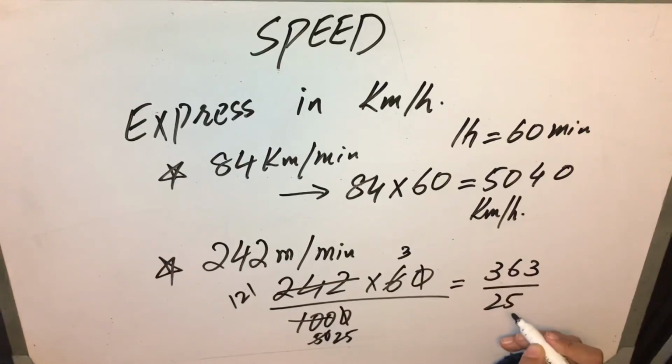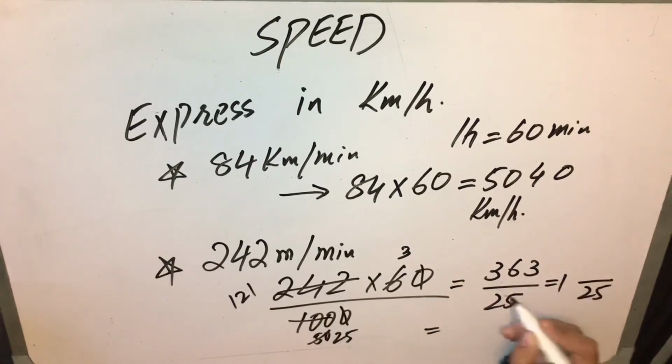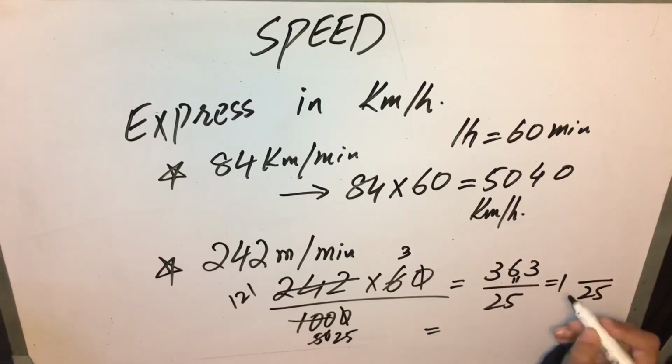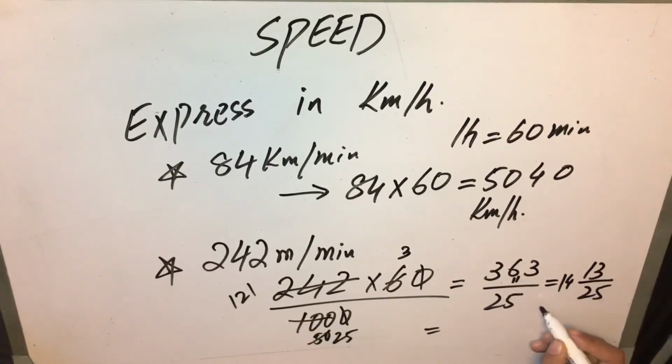When we divide it with 25, 25 1 times 25, and we have 11 now. 25 4 times 100 and 13 here. So the answer is 14 whole 13 by 25 kilometer per hour.